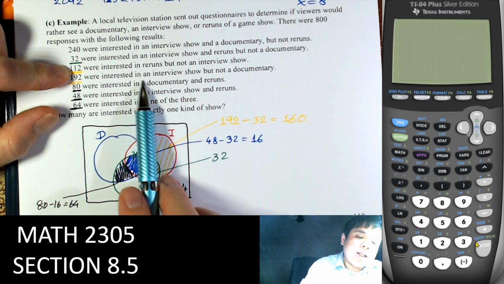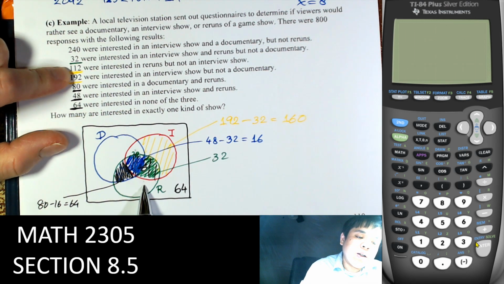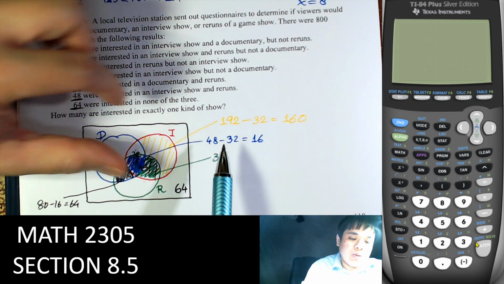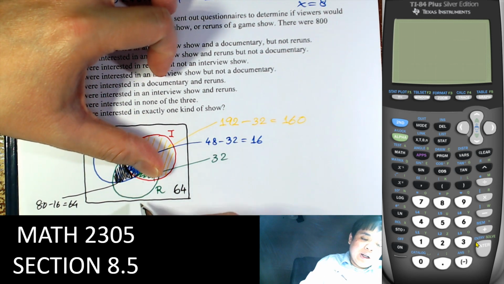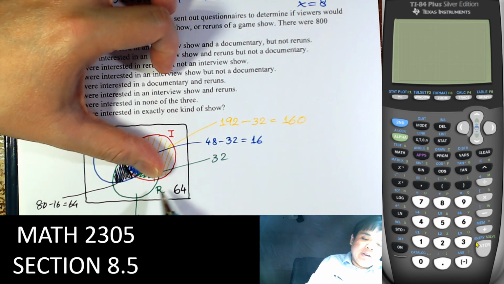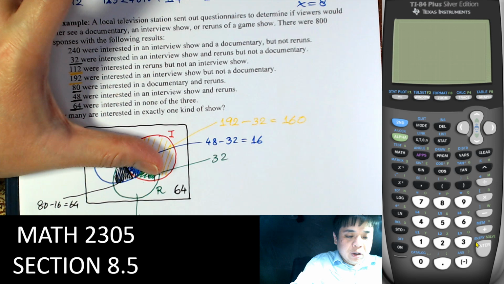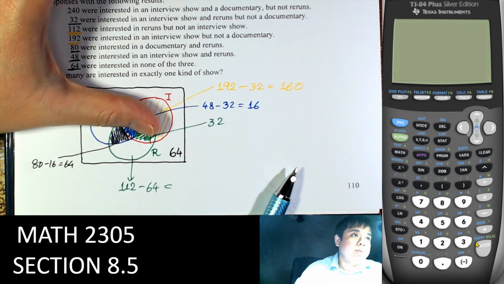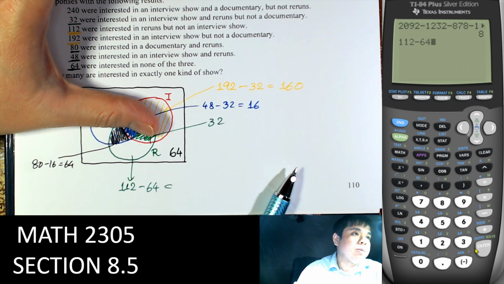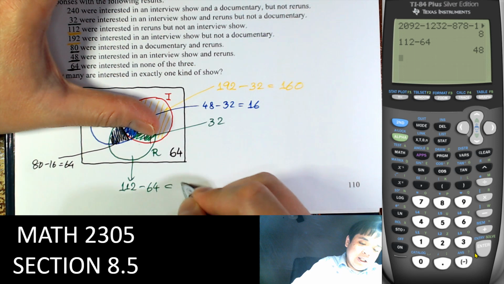And 112 is in rerun, but not in the interview show. So we're going to have 112 minus the 64 here, 48.